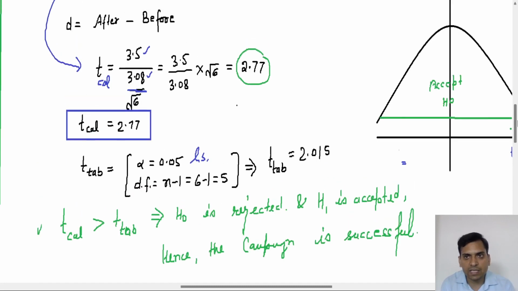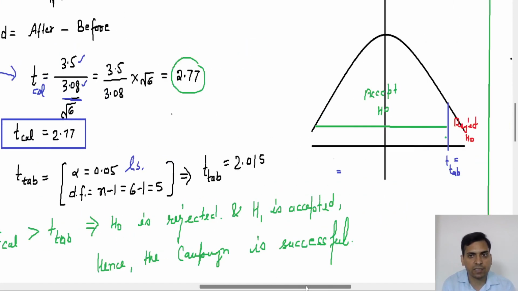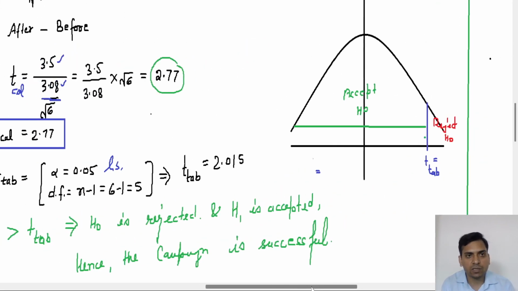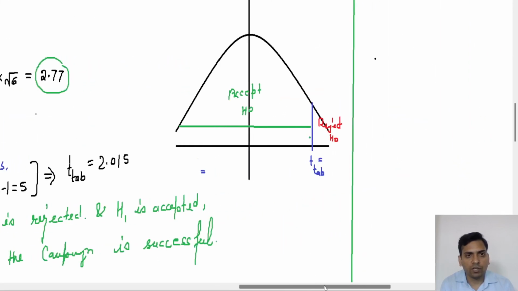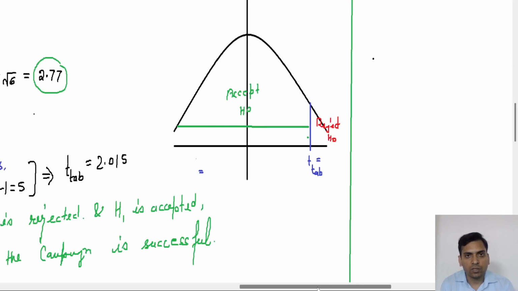Now this test is a one tail test, because if you are doing campaigning, campaigning will increase the sales. This is your before sales, which may be considered as mu1, and this is after sales.